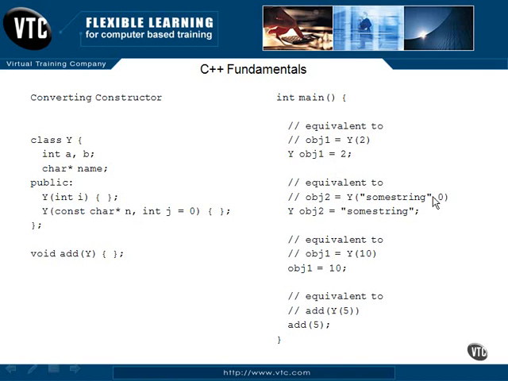Here we pass in a string, Y of some string, and that's going to use our second converting constructor, our second method of construction.